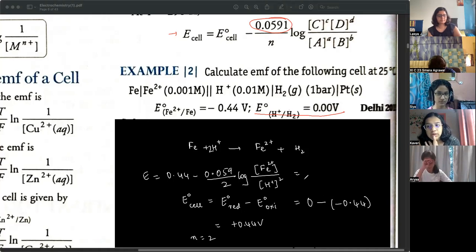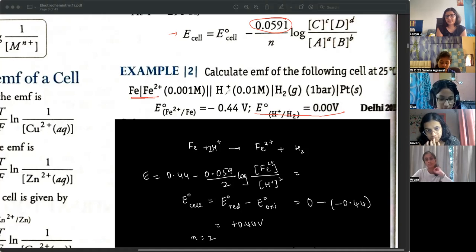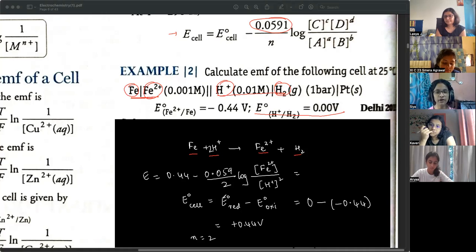Log of product ions by reactant ions, in this case, what will it be? Fe is getting converted to Fe2+ according to our cell over here. Iron is getting oxidized to Fe2+. H+ is getting converted to H2. So our reactants are Fe and H+, so Fe plus 2H+. Products are Fe2+ and H2.